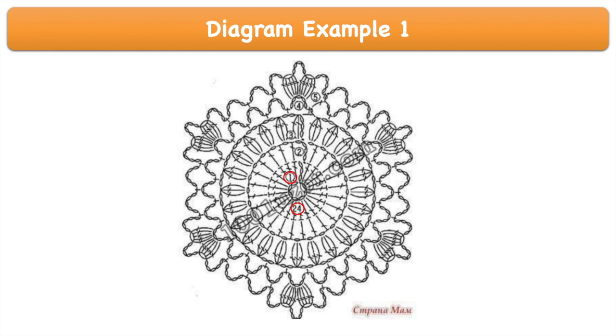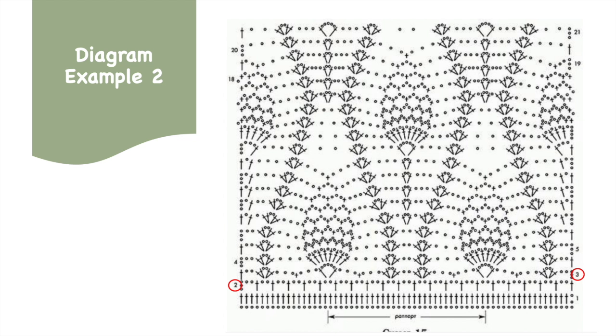So let's look at another diagram example. This example is worked in rows instead of in the round like the previous example was. First thing I want to point out here is, again, here's the row counters. So here's 1, 2, and 3. And then they kind of skip a couple rows, and then it's 18, 19, 20, and 21.